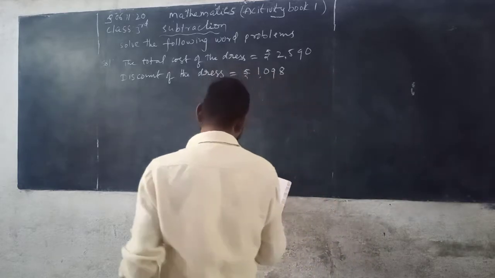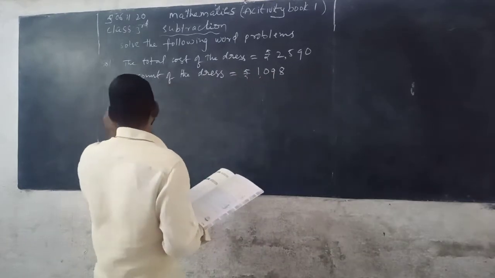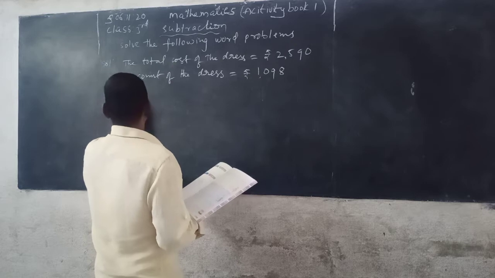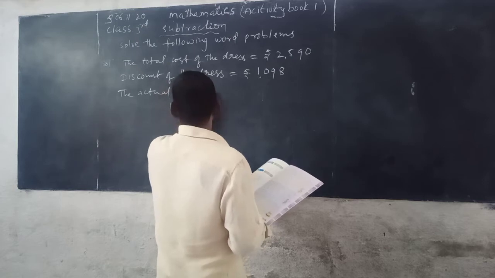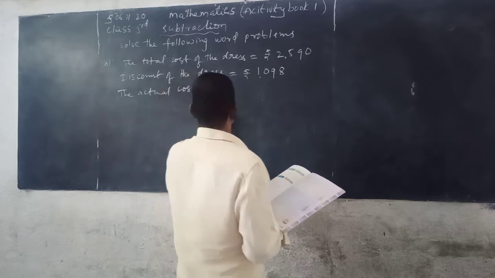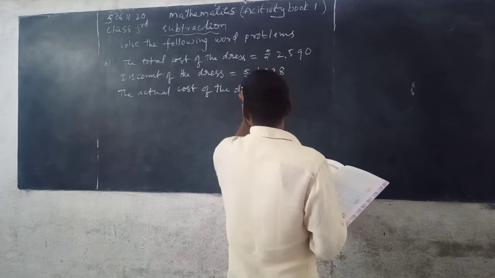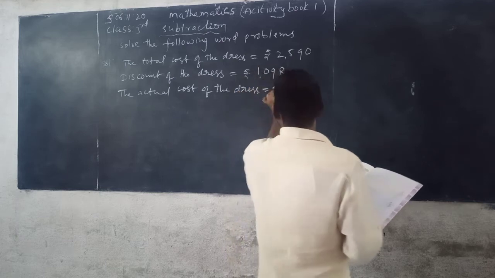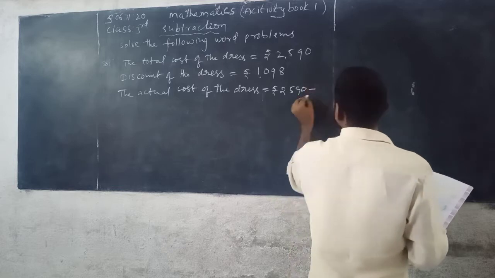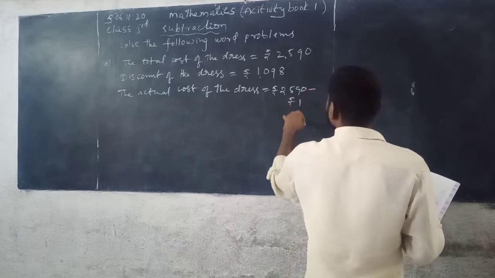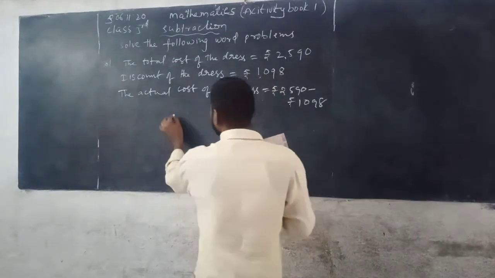So you can find out the actual cost of the dress. Then the actual cost of the dress is equal to 2590 minus 1098 rupees.